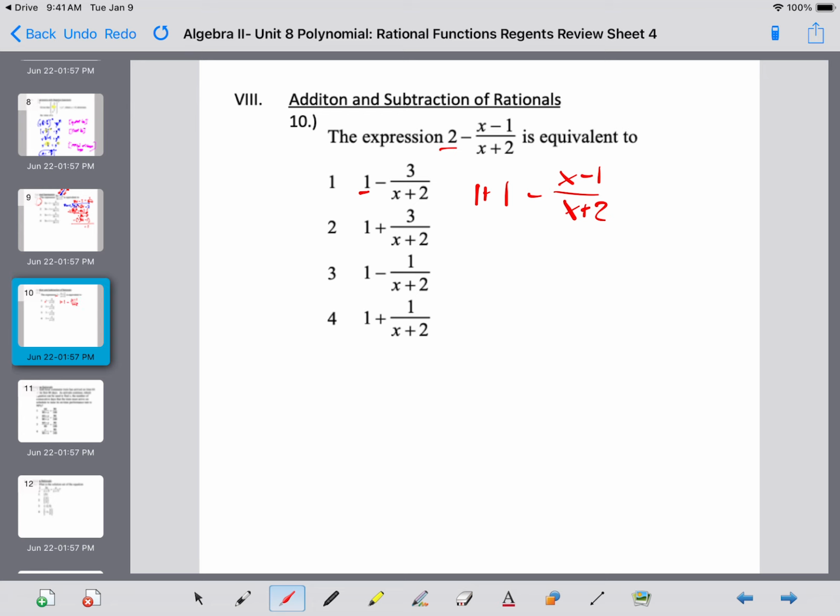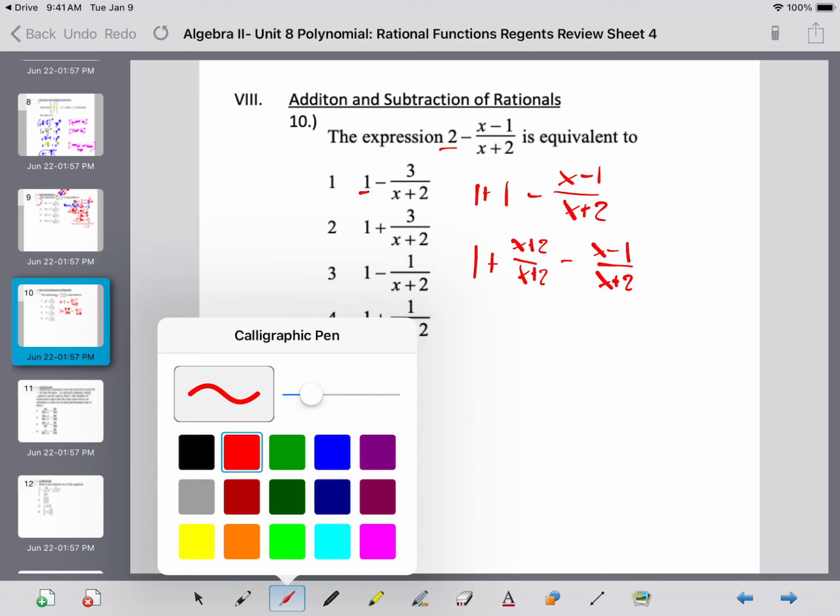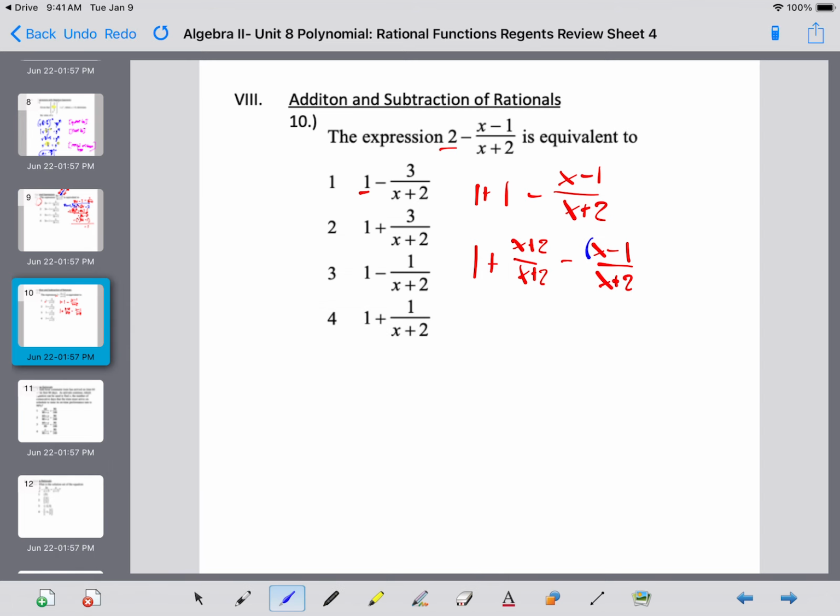And then it looks like they just combined these two. So, we need a common denominator. To change 1 to have a denominator of x plus 2, it would be x plus 2 over x plus 2. You could combine your numerators, because you have a common denominator, but remember, you're subtracting this whole expression.